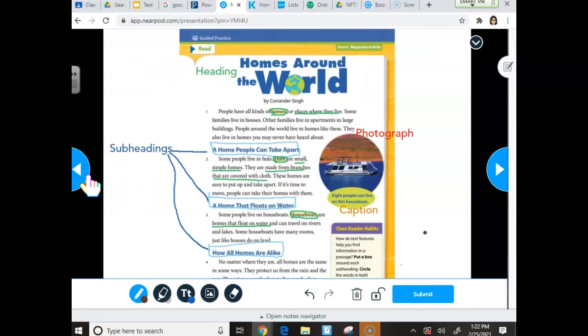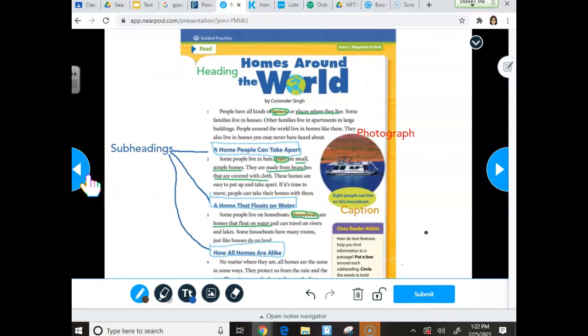So was it easier to find the facts you needed? It should be. All right, what type of home is a home that you can take apart, guys, based on what we read? A hut. And it tells about taking a hut apart, putting it together and taking it apart.